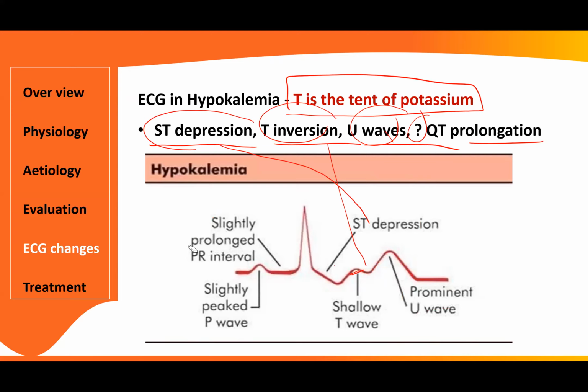So you have to be very aware of the QT prolongation in hypokalemia, and it is not the true QT prolongation. Sometimes when you use drugs which prolong the QT interval, then if the hypokalemia is there, that can end up in dangerous arrhythmias. That is why we have to find out true QT interval or pseudo QT interval prolongation.